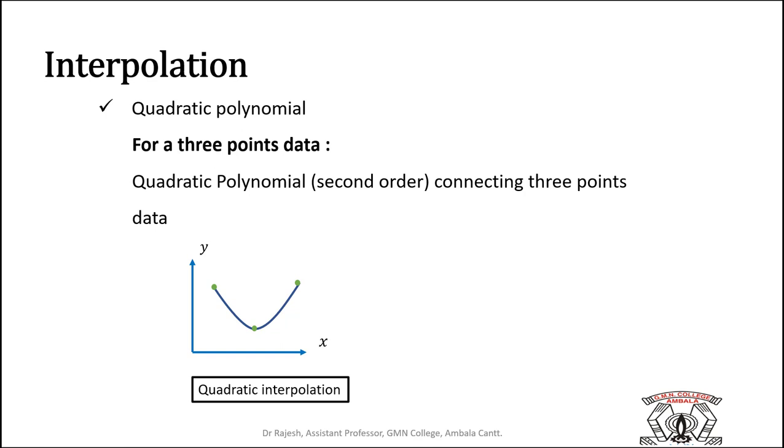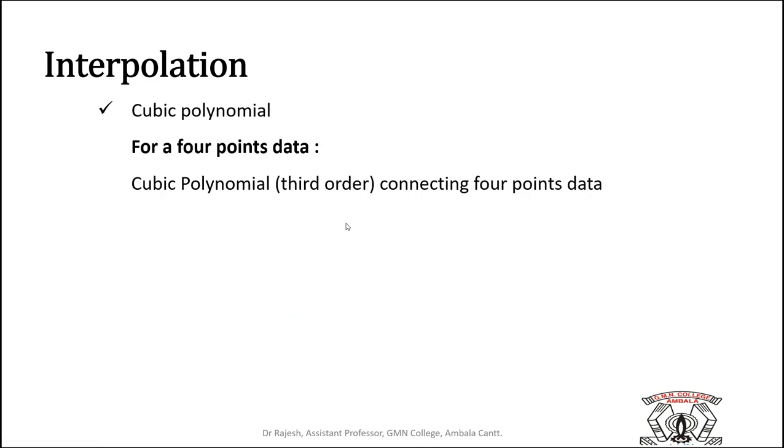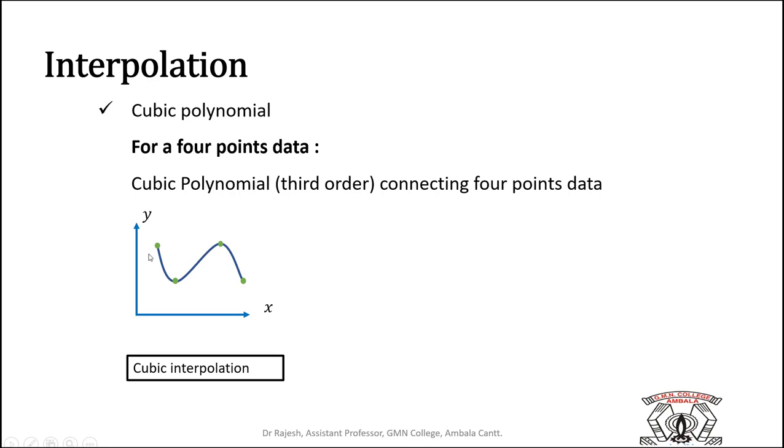So now we will see what is cubic. If 4-point data is given, like here, 4 points 1, 2, 3, 4. So this 4-point data is given.